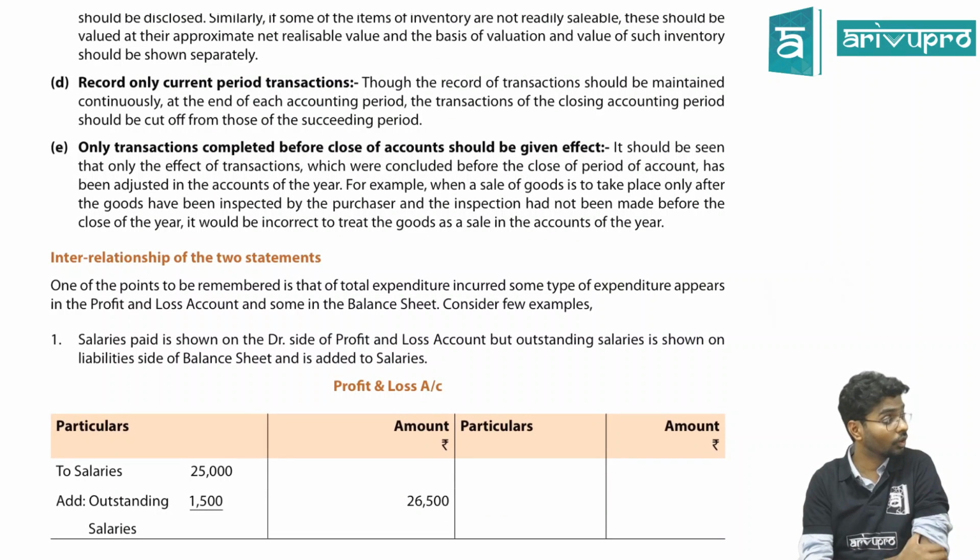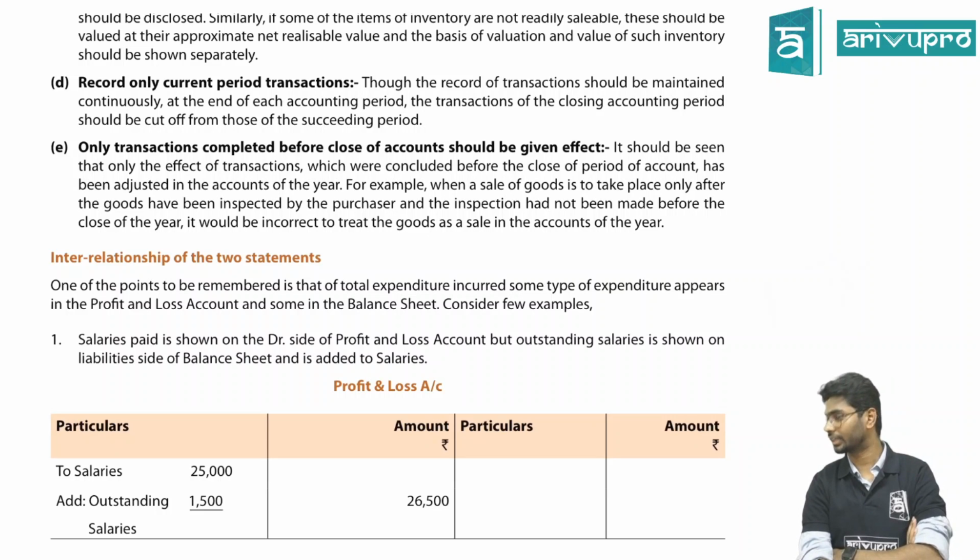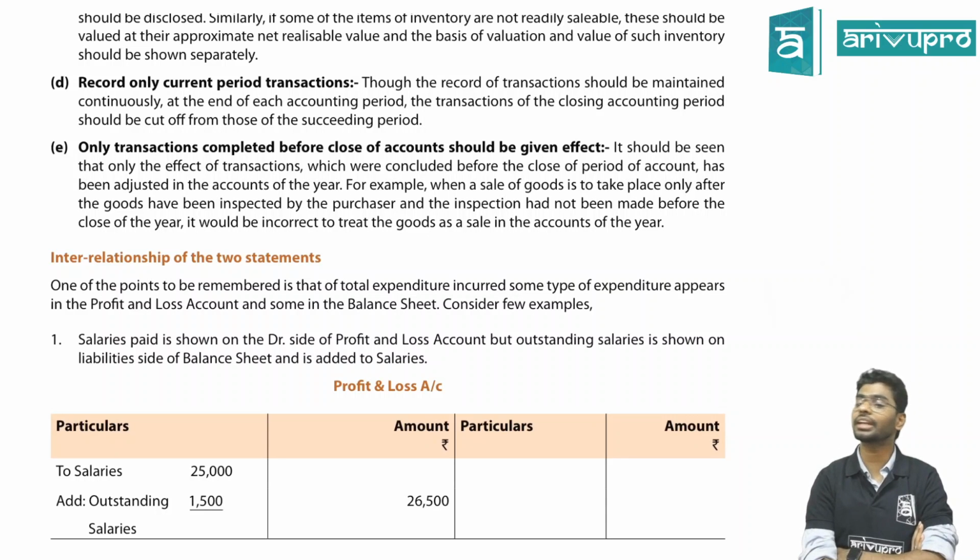Now, let's look into a few things, when two accounts are going to get interconnected. Whenever there is a transaction in the trial balance, it should appear only what? Once.